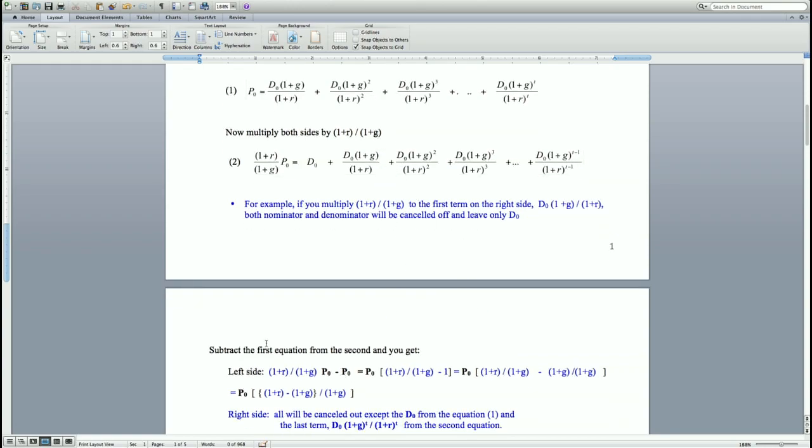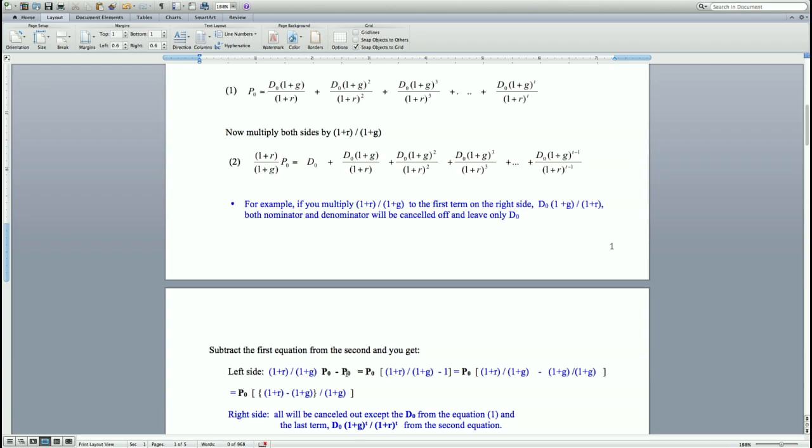First, subtract the first equation from the second one. The left side of the second equation is 1 plus r over 1 plus g times P0, and the first equation is P0, the stock price today. So the left side is 1 plus r over 1 plus g times P0, minus P0.